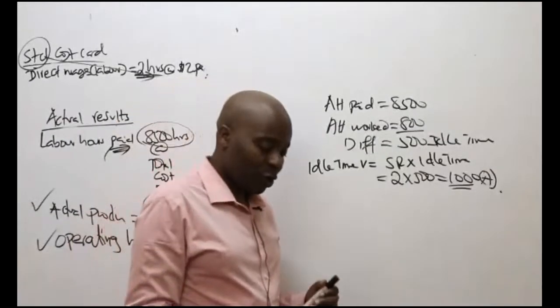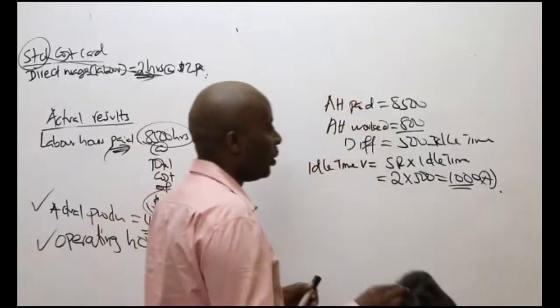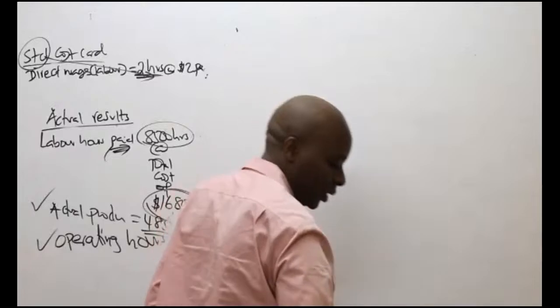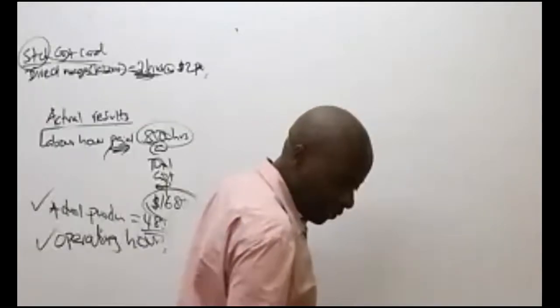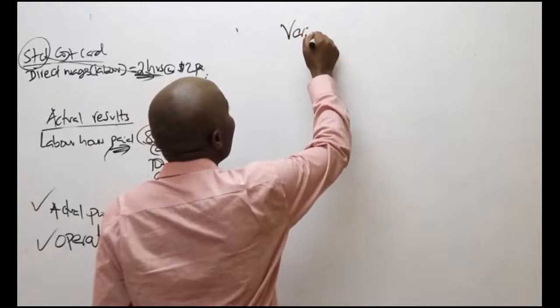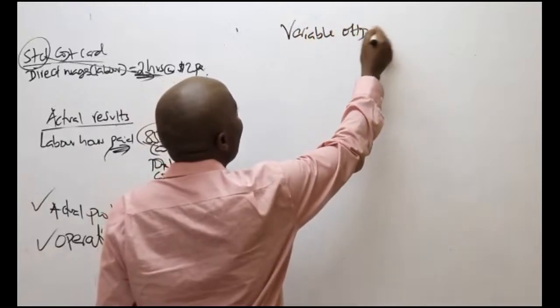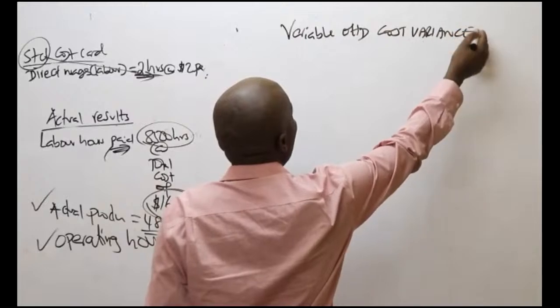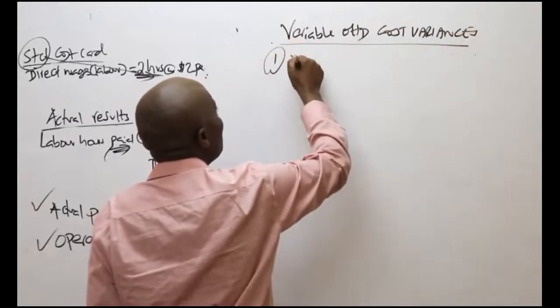So now we move straight away to the variable overhead cost variances. Variable overhead cost variances are two.